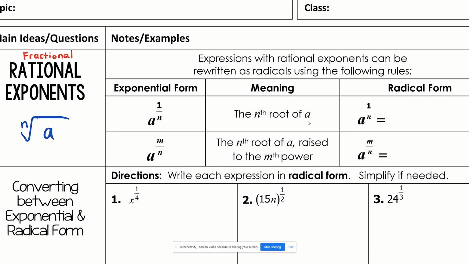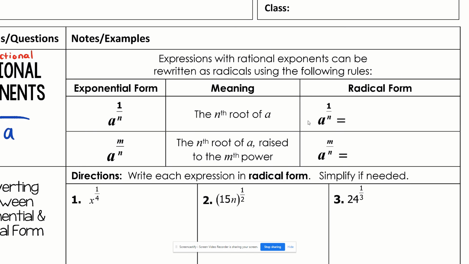A rational exponent can always be written as a radical, and here's how I like you to remember it. I can always take a rational exponent and write it as a radical. The denominator of my fractional exponent is my root.